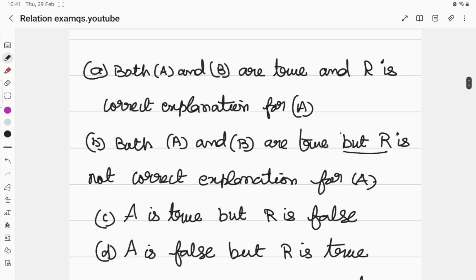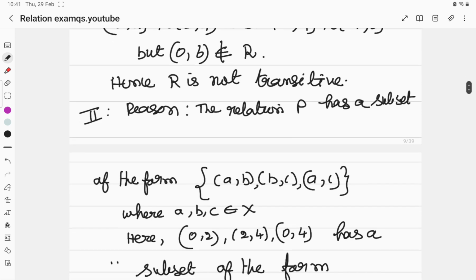Therefore, it does not obey transitivity. Hence, P is not transitive.